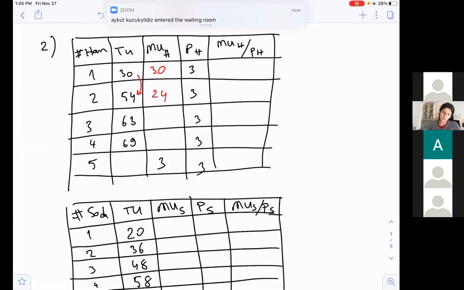Marginal utility of the third hamburger is what? 9. Marginal utility of the fourth hamburger is 6. And the fifth hamburger: total utility from consuming 5 hamburgers is 69 plus 3, 72.